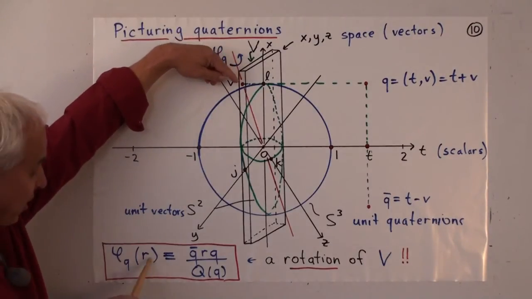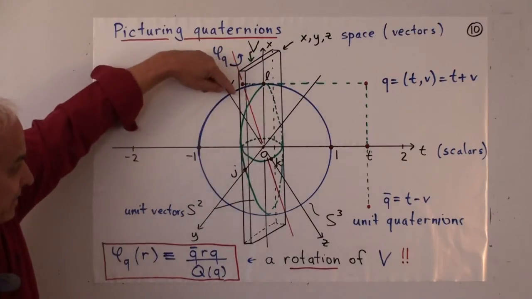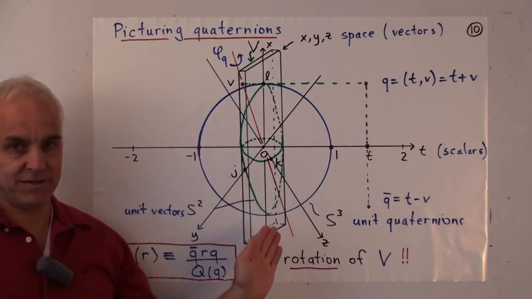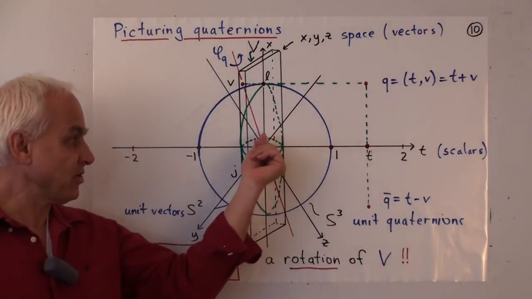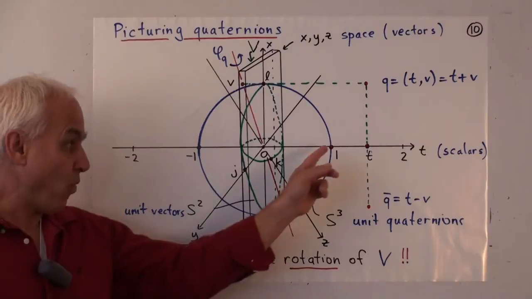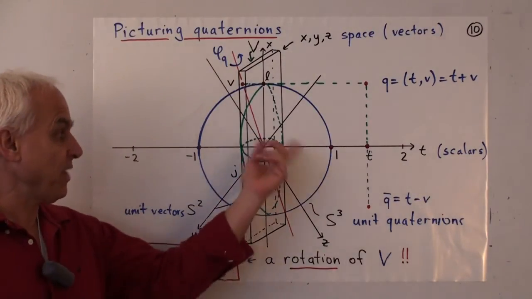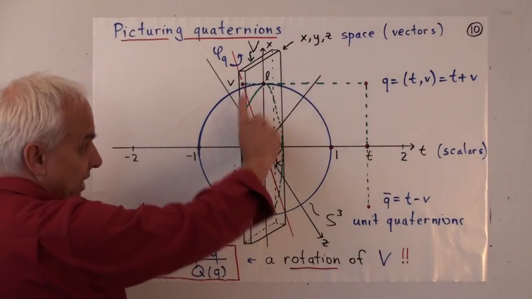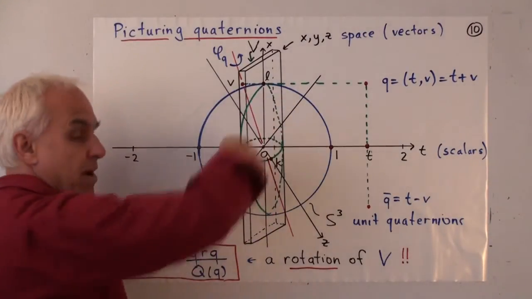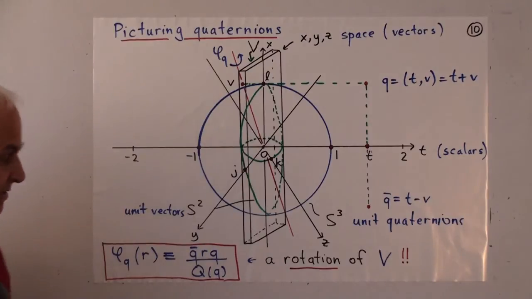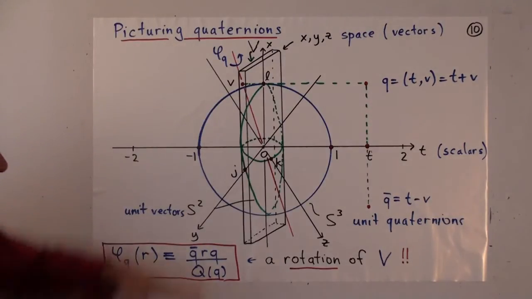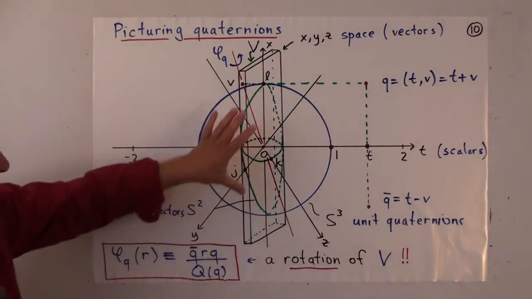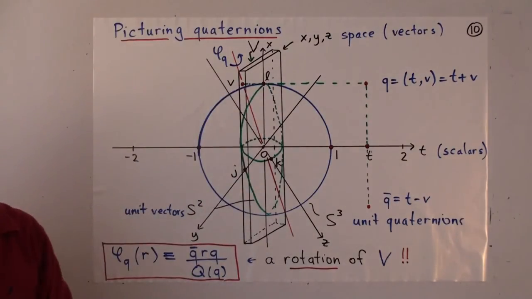That's telling us that if r is actually in this V space, then the result of this will also be in the V space. Because it started out being perpendicular to 1, and 1 is not changed, the output has to also be perpendicular to 1. So if we start with any vector r inside the vector V space, it's going to be sent to another vector in this V space. And it's going to be a rotation or possibly a scalar multiple of a rotation inside this vector V space.